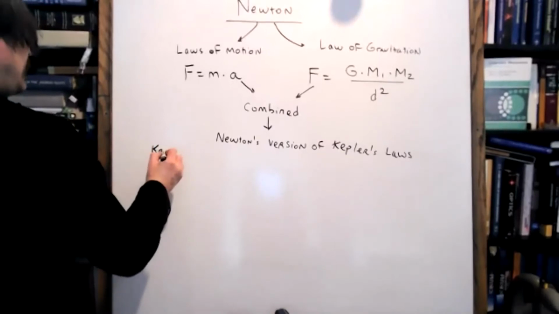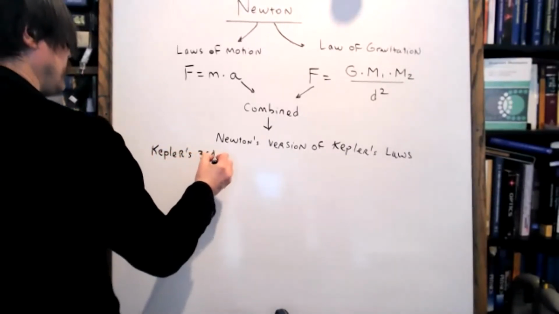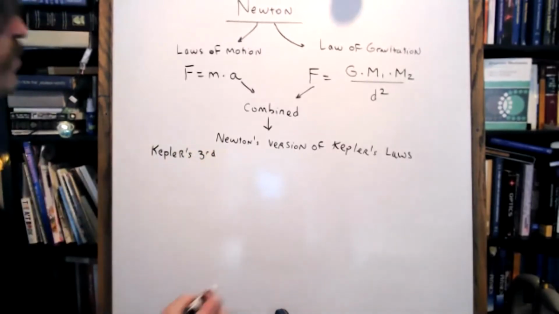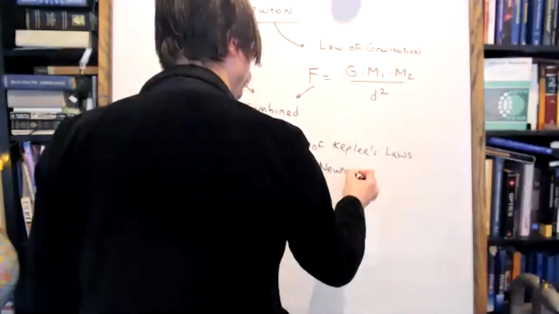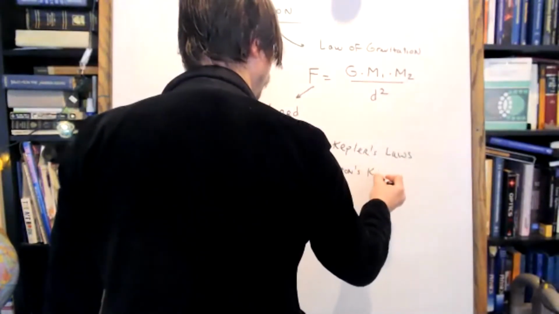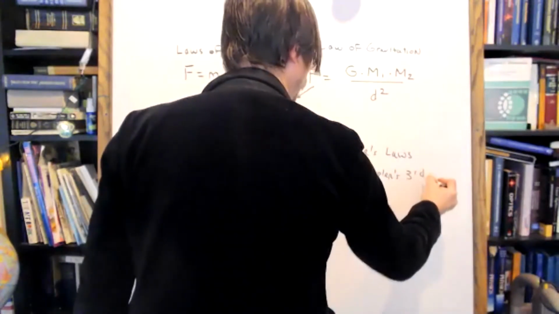For instance, let's look at the difference between Kepler's third law and what we're going to call Newton's version of Kepler's third law.